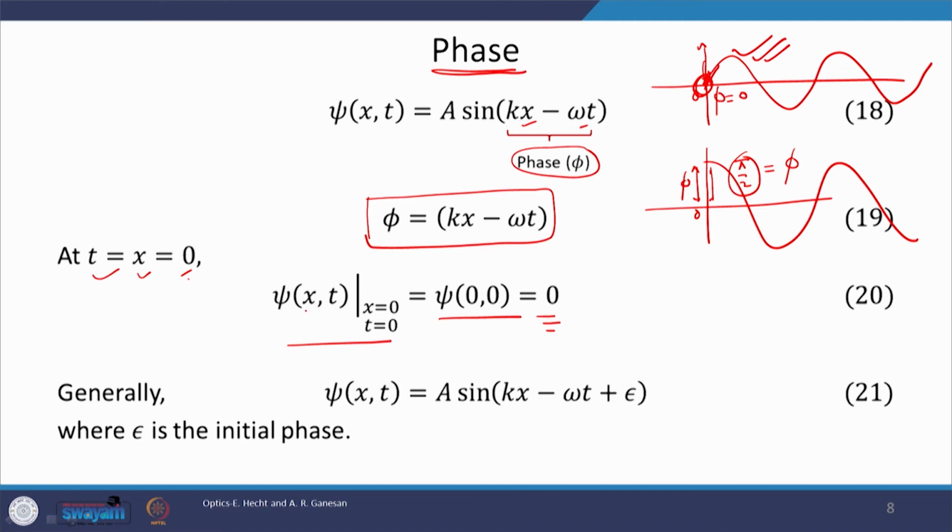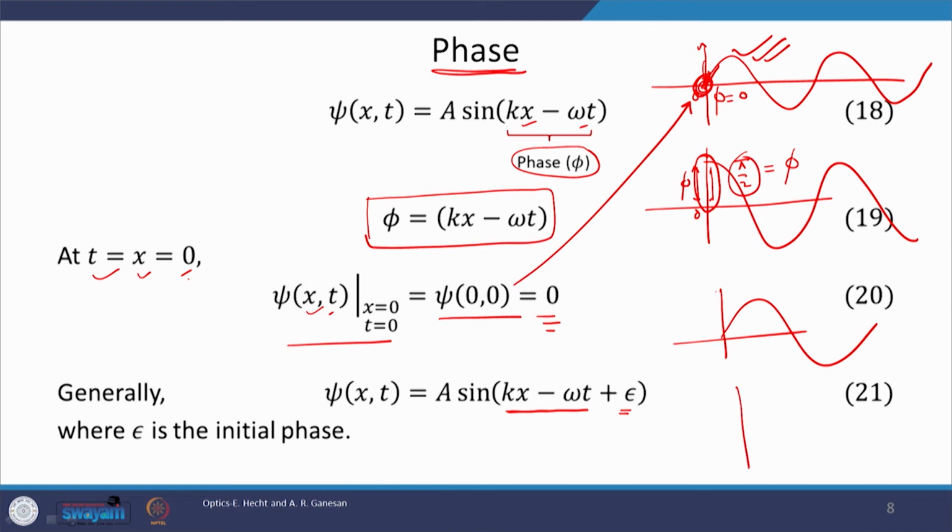Now, when both x and t are equal to 0, this corresponds to this point. The wave function itself is 0, which is here, but here when phase is equal to pi by 2, the wave function has a certain non-zero value. But generally, in addition to kx minus omega t, there is some extra term epsilon people write along with this kx minus omega t, which is called initial phase, because when both x and t are equal to 0, the waves should look like this.